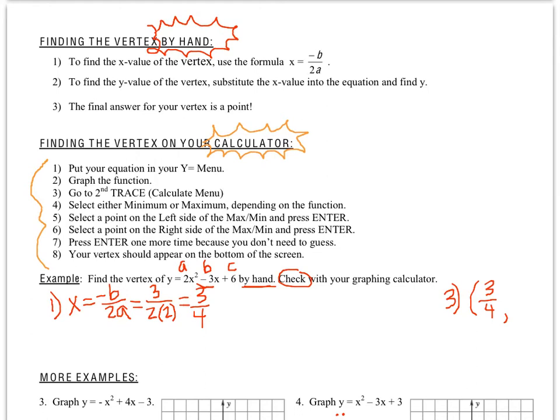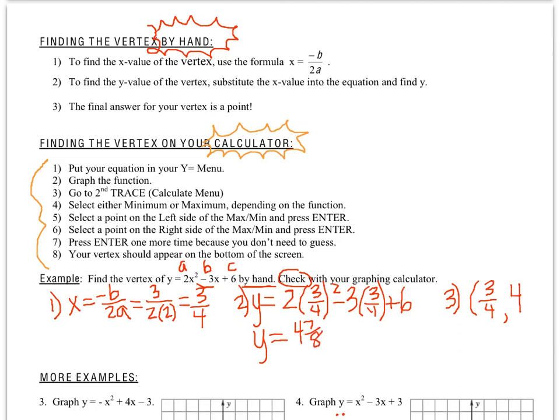We just have to find the y value now. So for the next step, we're going to plug our x value into our equation. So y equals 2 times 3/4 squared minus 3 times 3/4 plus 6. Plug that all into your calculator and you'll get 4 7/8.